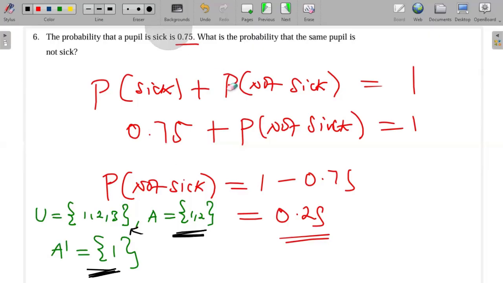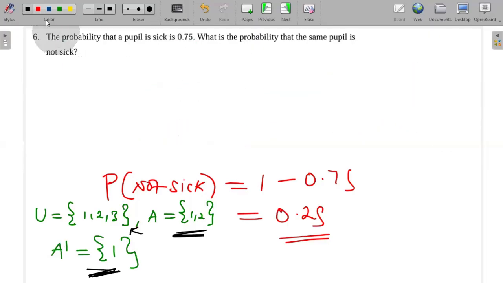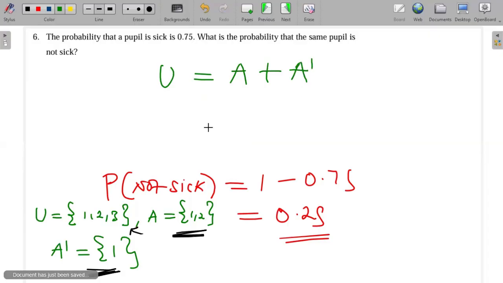So this is the situation that we are dealing with here. Now when it comes to probability, we are trying to use this same analogy or logic. We're going to say the universal set is the same as the set A plus the set A complement.